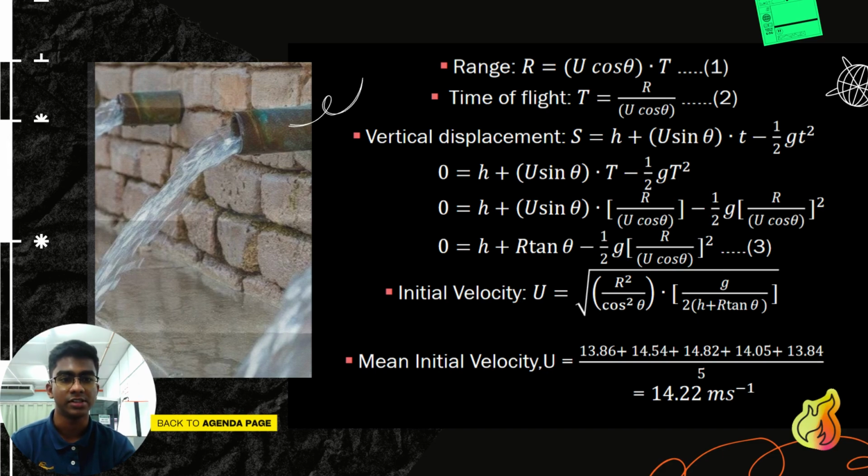When we substitute the second equation, which is T equals R over U cos theta, we get an equation for the initial velocity, which is U equals the square root of R squared over cos squared theta times gravity over 2 times H plus R tan theta. From there, we can get an average velocity.